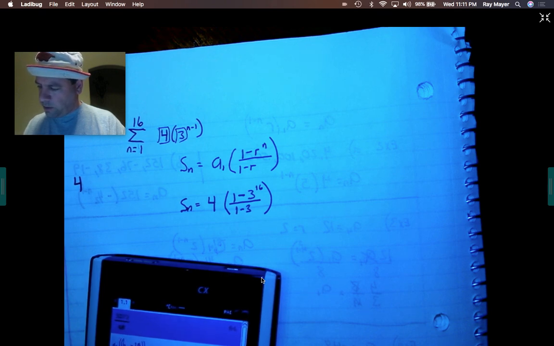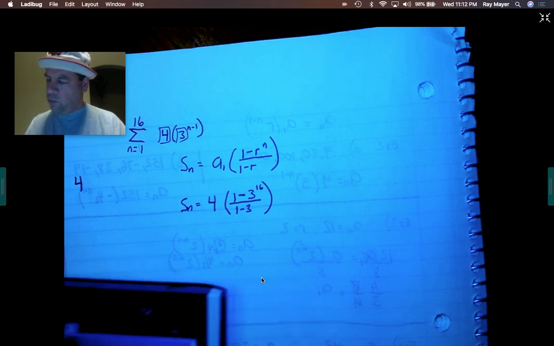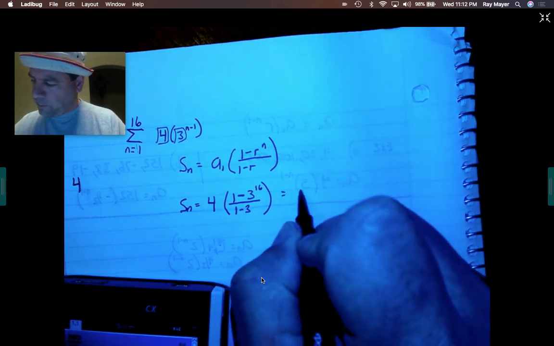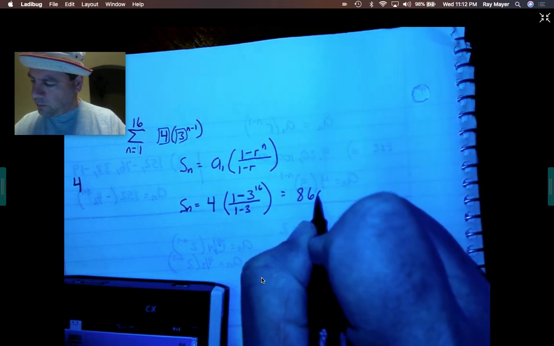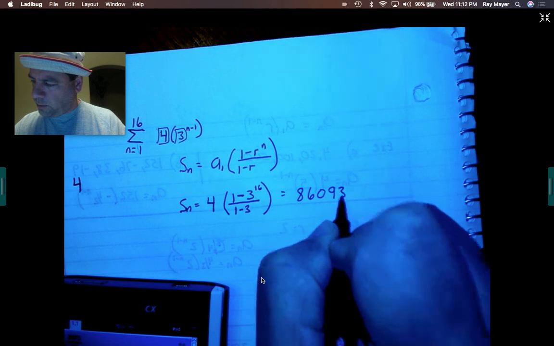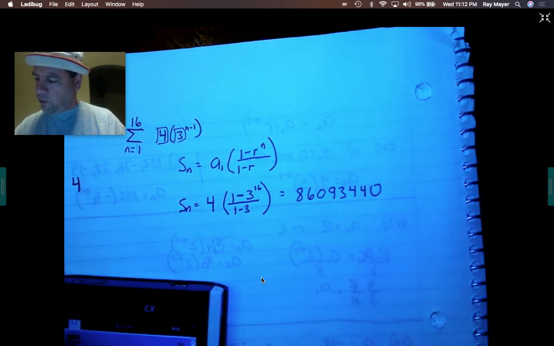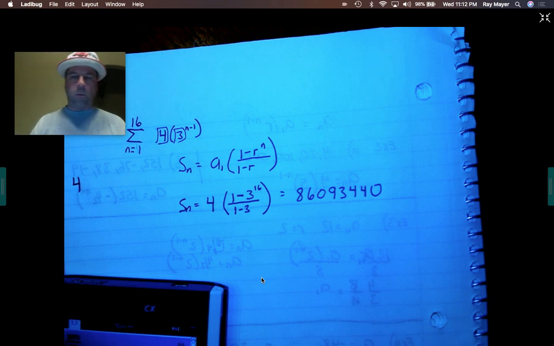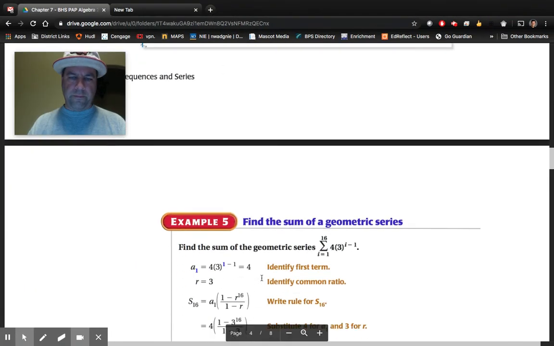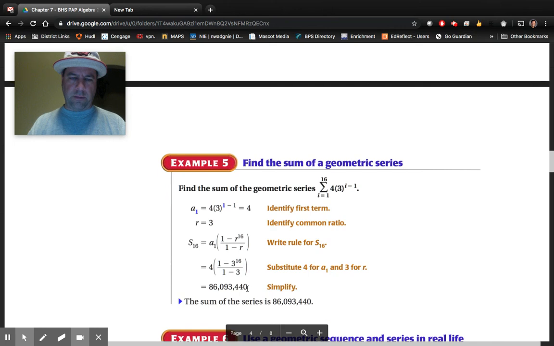I need to put that in parentheses because I want to divide that by, well, I can just say -2. Woo! Big number. 860934440. There it is.